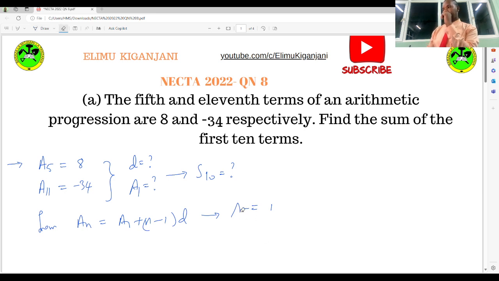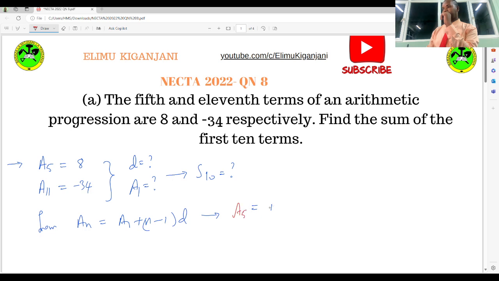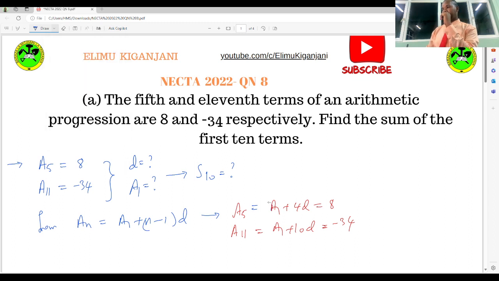From the general formula, a5 equals a1 plus 4d, and we know that this is equal to 8, and a11 is a1 plus 10d, and this is equal to -34. So we are going to solve these two given equations simultaneously, so that we get a1 and the common difference d.